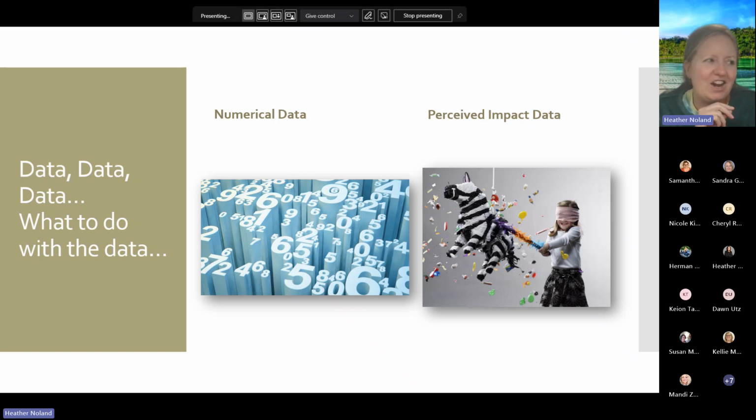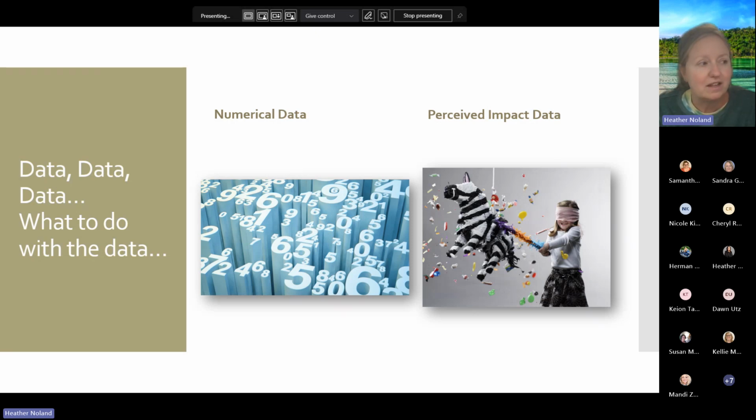A lot of people have a lot of data sitting in buckets, in spreadsheets, or in files that nothing is being done with. Because often what happens is we get to the end, and then we have to move on to the next thing. And so often we don't carve out time to evaluate what we're doing.